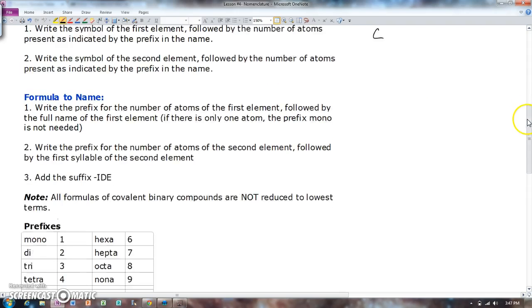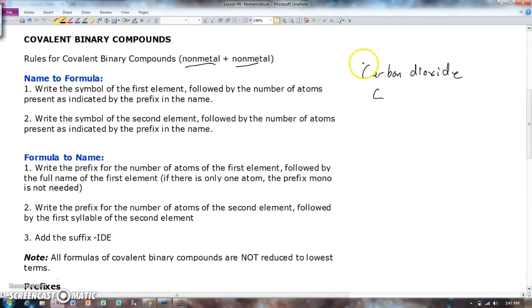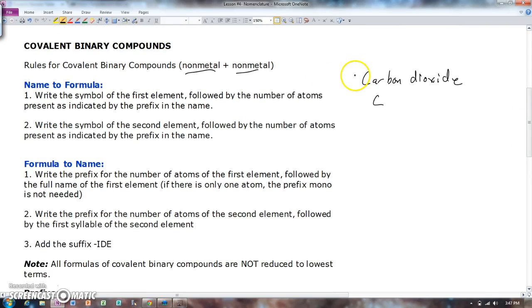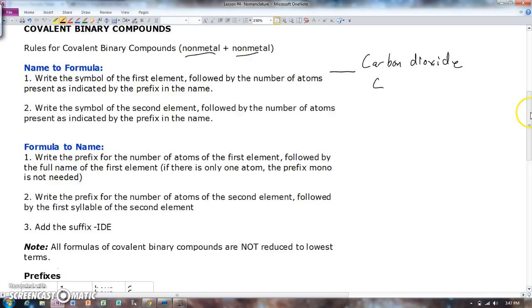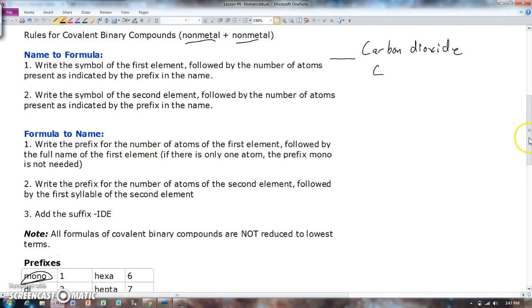Okay, so if we scroll down here, we've got all these prefixes. I have one carbon, so I have no prefix in front of carbon. When the first word does not have a prefix, I assume it's a mono. So carbon, mono, I have no number here because it's a 1.